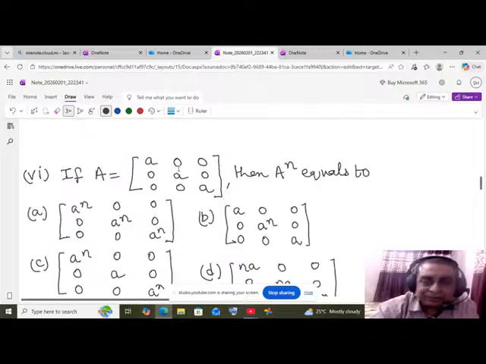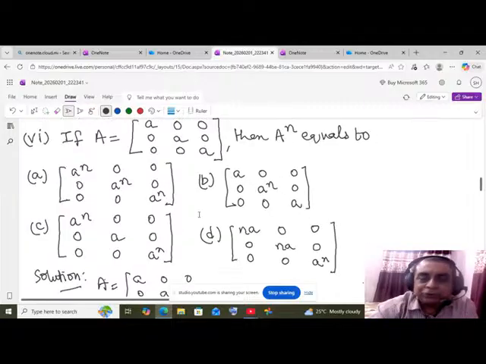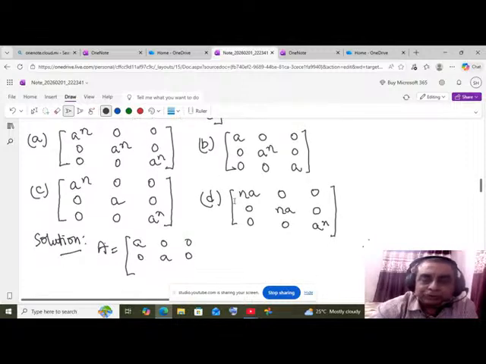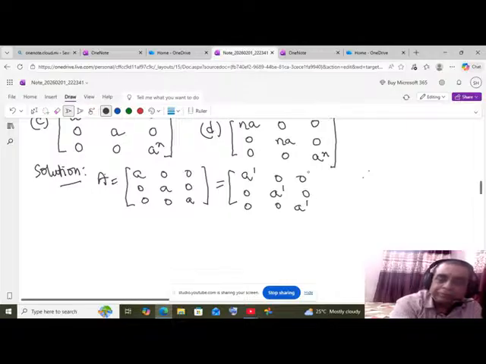A is given as A 0 0, 0 A 0, and the last row is 0 0 A. Which can be written like this: A to the power of 1, 0, 0, 0, A to the power of 1, 0, and 0, 0, A to the power of 1. So now what is A squared?